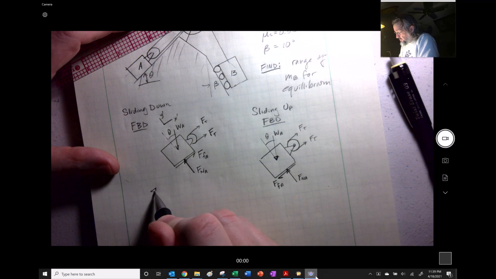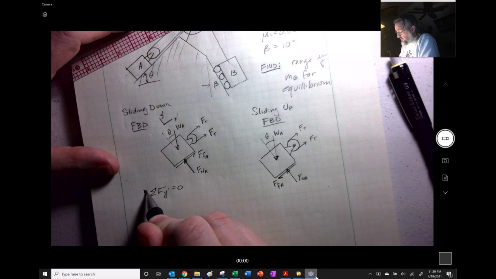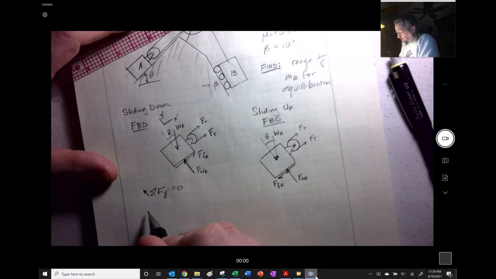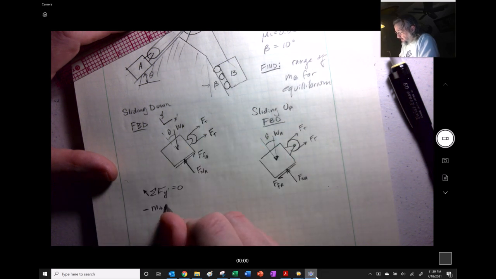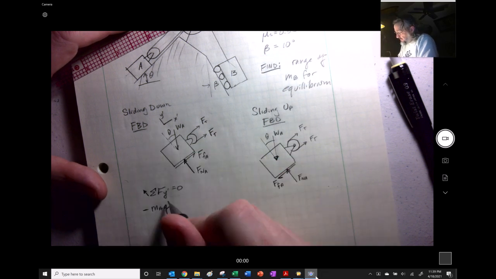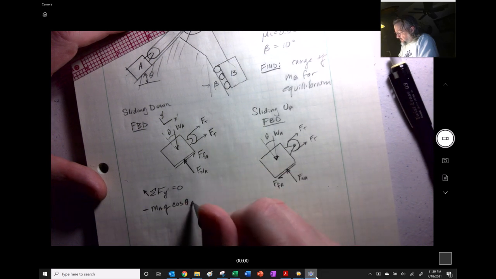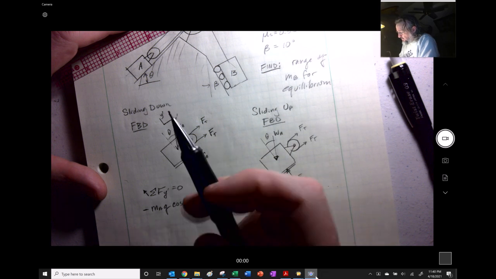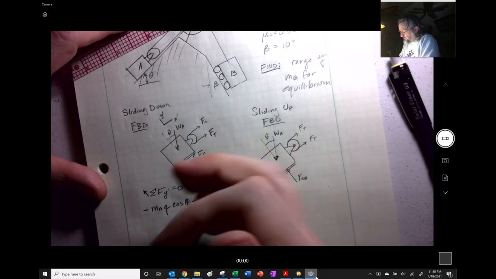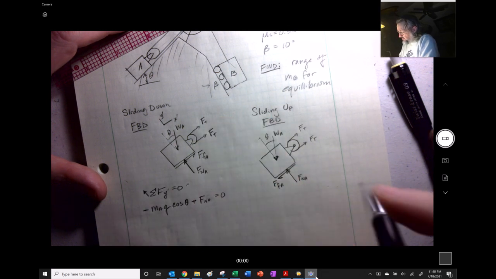Okay, so what we do first is the sum of the forces in the y prime direction is equal to 0. Setting it up this way, we say W_A downwards, which is going to be mass of A times gravity times the cosine of theta, plus F_NA equals 0.